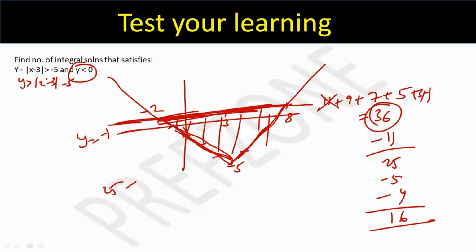So when y is -1, -2, -3, -4, -5, there will be some value of x here and some value of x there. So 2, 2, 2, 2, 2, and in total there will be 9 points: 5 on this line and 4 here. So you also have to subtract those points, and the answer will be 25 minus 9, 16.